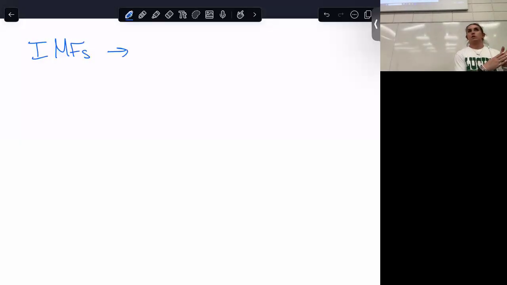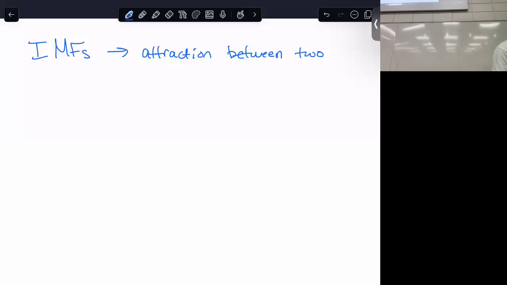What does this tell us with our intermolecular forces? What are we looking at? Yep, so we're looking at the attraction between two molecules. This can be molecules of the same molecule, right?